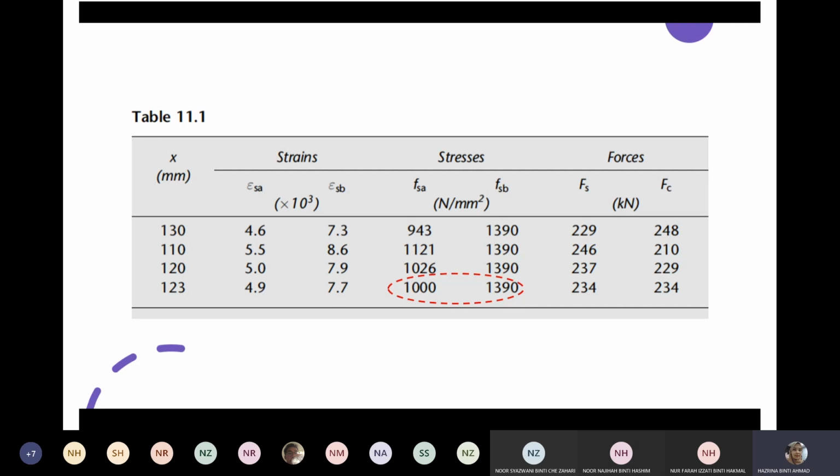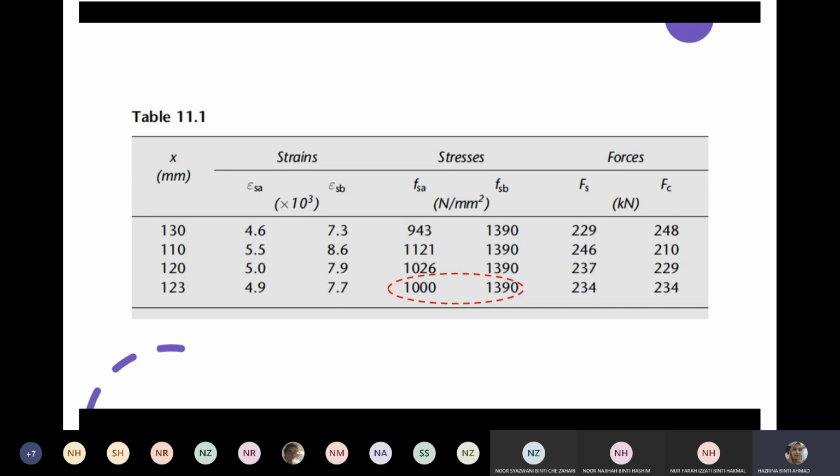Then we recalculate the strains and the forces. We are going to compare the forces and we wanted to get forces which are equivalent. When we take x of 123, we have forces of 234 for both Fs and Fc, right?